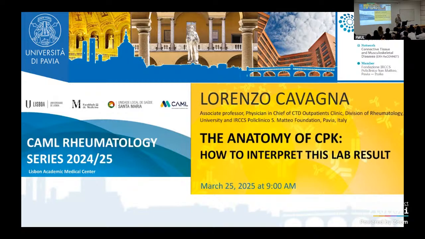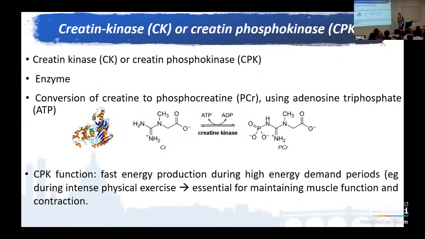The title of my speech today is The Anatomy of CPK, because this is a laboratory instrument that we can use and we are using a lot, but we could have some problem in the interpretation of these results. It is important as a starting point to know what CPK is. First of all, it is an enzyme.